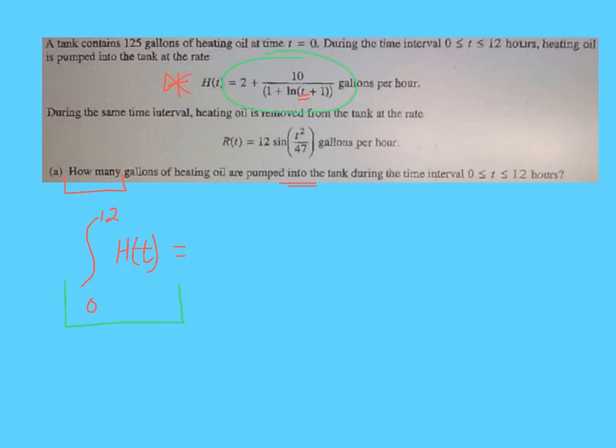You can just put H(t) and that'll be fine. Now the rest of this is putting this into our calculator. So I'm going to my calculator now. All right, so I put H(t) into my y equals, and then we did the integral from 0 to 12, and I ended up here with 70.571 gallons.